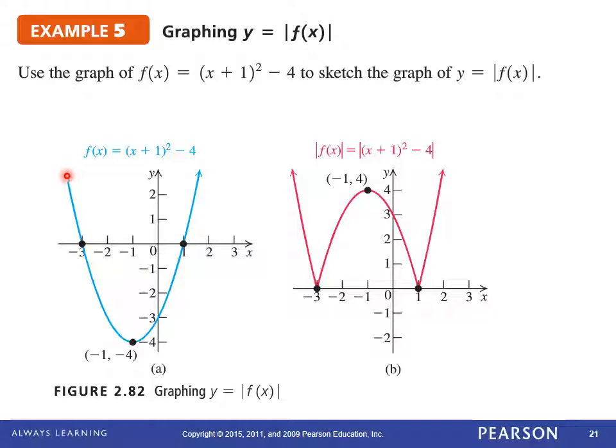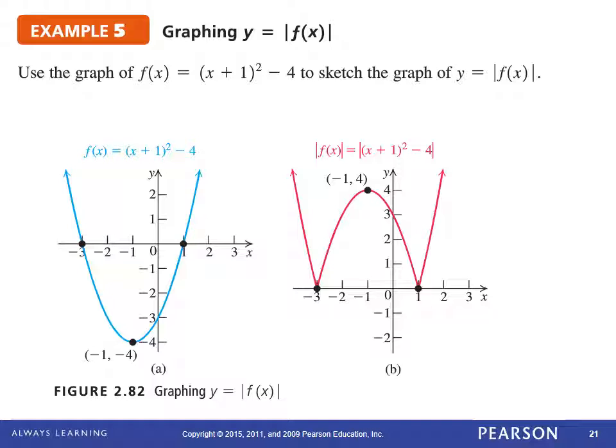Notice the blue graph, the original graph, comes back up. If we think of this as time, or most likely distance in this case, you can't have distance go underneath. So we take the absolute value, or we reflect anything that's underneath the x-axis to above the x-axis. In this case, the vertex point here, 1, negative 4, gets bumped up to 1, positive 4, and notice, doesn't that look like the bounce of a ball? Boink.